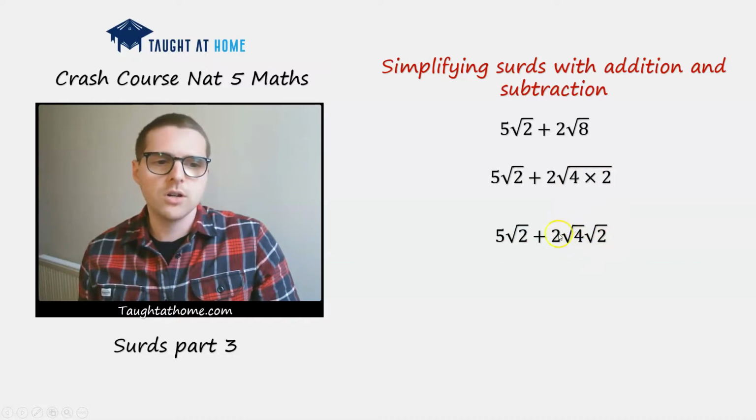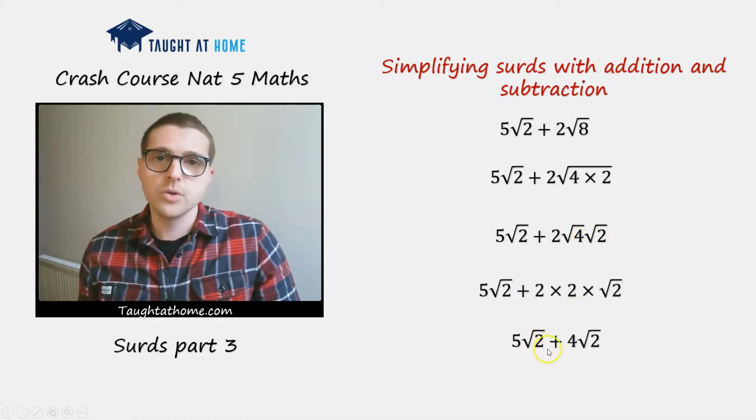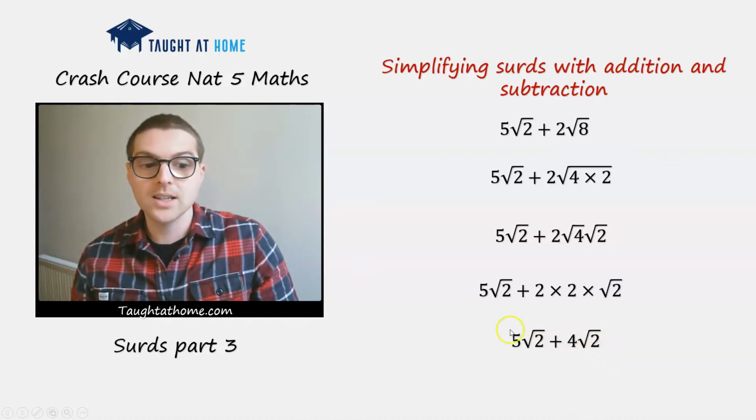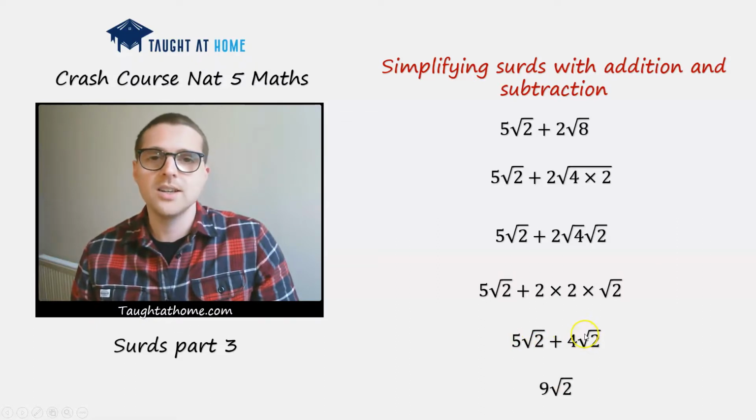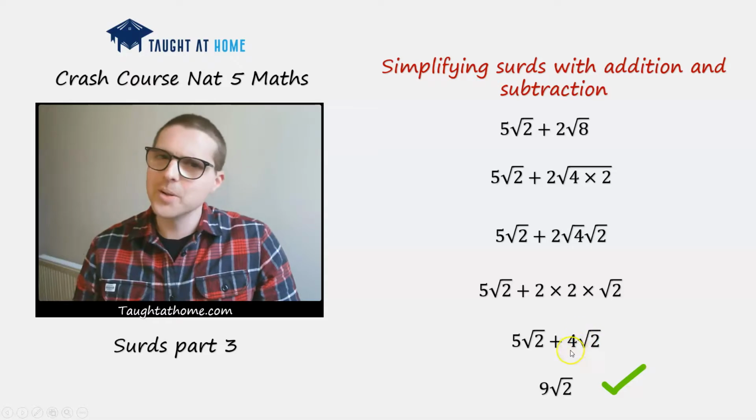The root 4 simplifies to be 2, so it'll be 2 times 2, which is 4. So we'll have 5 root 2 plus 4 root 2. And now we can actually add these up because we've got the terms being root 2. So we've got 5 root 2 plus 4 root 2, which is 9 root 2. And how about that? Quite cool, I think.